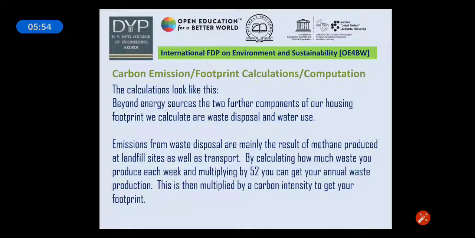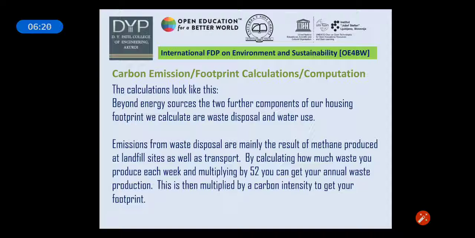Beyond energy sources, the two further components of our housing footprint that we calculate are waste disposal and water use. Emissions from waste disposal are mainly the result of methane produced at landfill sites as well as transport. By calculating how much waste you produce each week and multiplying it by 52, you get your annual waste production.